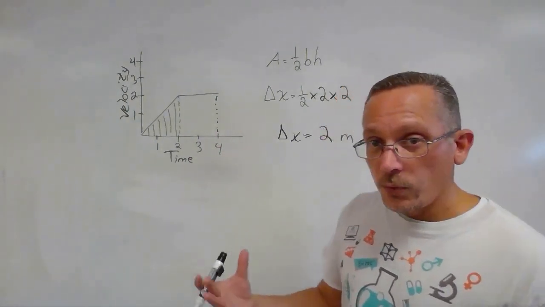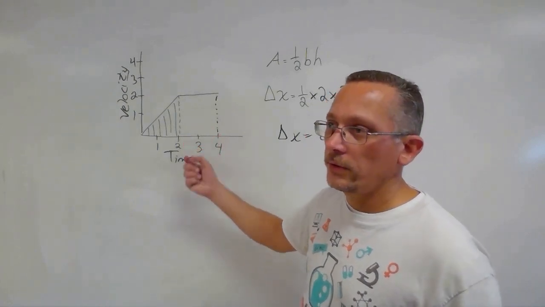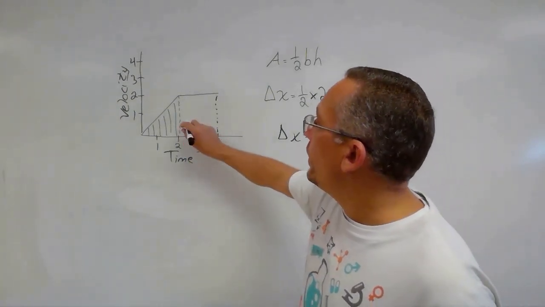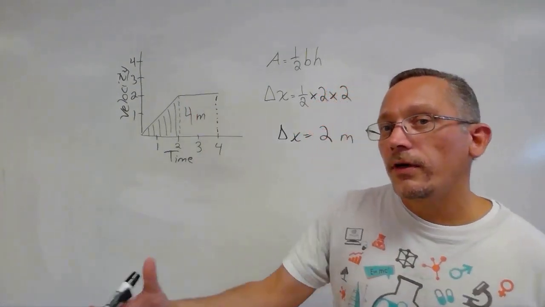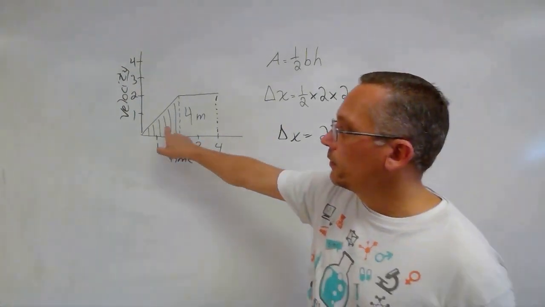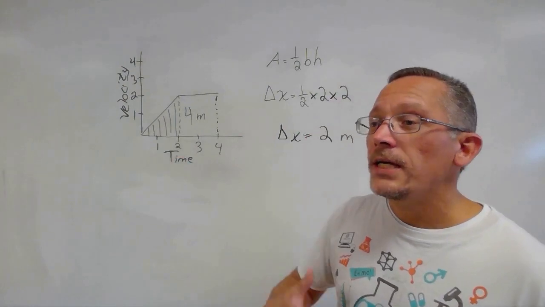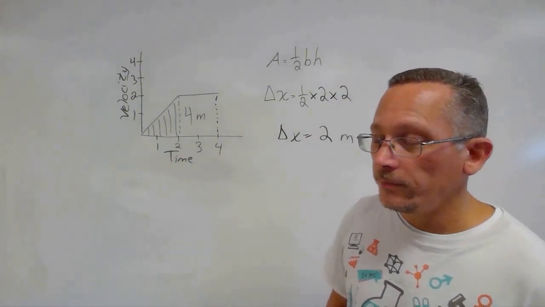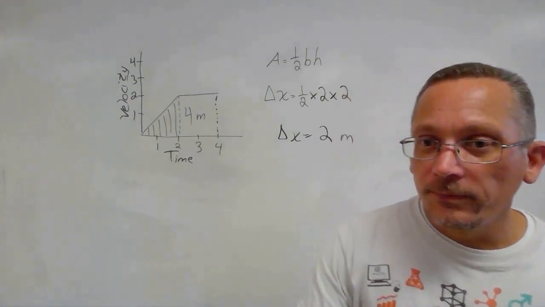The area of a square is just the side squared. The side is 2, so 2 squared is 4. So the area of the square is 4 meters. How far did it go after 4 seconds? Well, it went 2 meters here, and then it went another 4 meters, so it will be 6 meters from where it started. So there, delta x would be 6 meters.